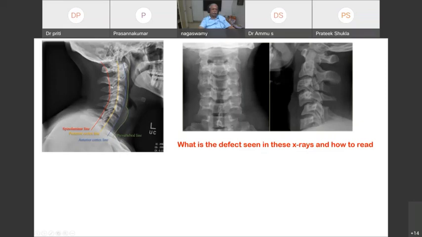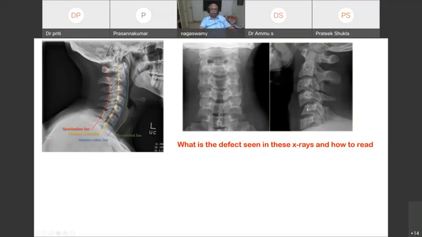So if you use these guidelines, do you find this spino-laminar line in alignment here? Are they lined up in a single line like this? This body, does it come in line along with this, or is it a little bit backward? It has been pushed backward.